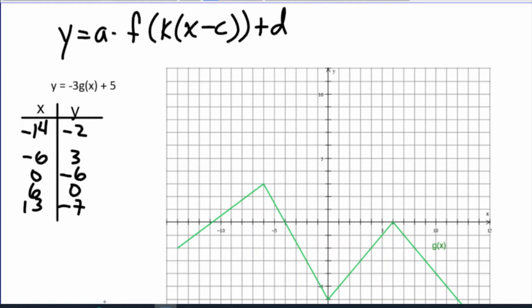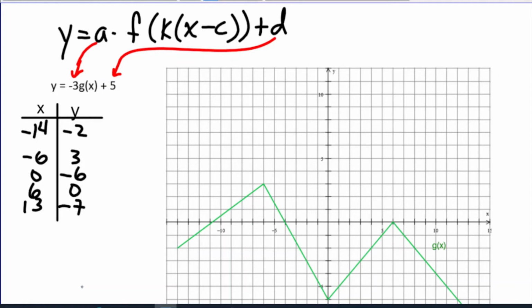And the -3 and the 5 here are in the position of the A and the D in that equation. They're outside of the bracket, therefore they are y transformations. And they're just going to affect the y values.